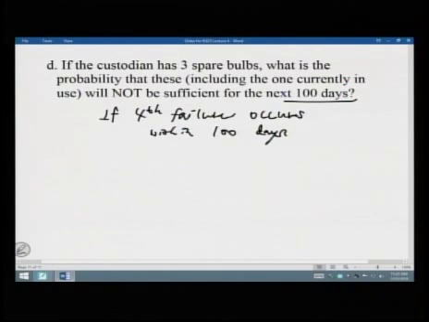Is that true, right? If the fourth failure occurs within the next 100 days, then we'll be in trouble. Is that right? So, because of this fact, I'd like to define the random variable T sub 4.